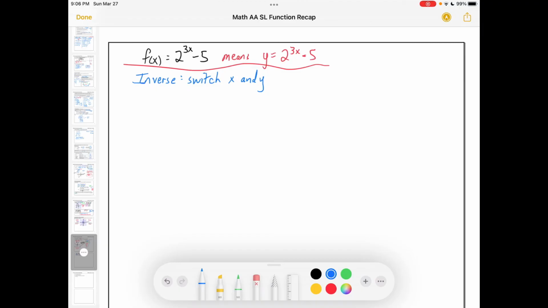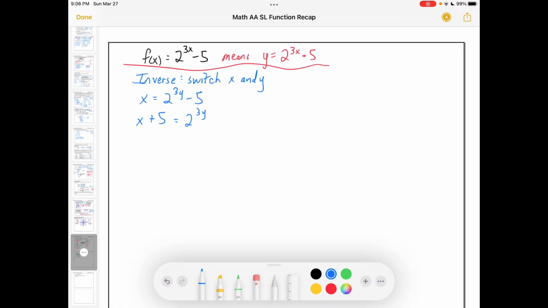So on the inverse, I'll say x equals 2 to the 3y minus 5. And now I have to isolate that y. So maybe I'll move the x over here, and I'll get x plus 5 equals 2 to the 3y. I know that the answer here is going to be a logarithmic function because exponentials and logarithmics are inverses of each other. But I have a bunch of different techniques that I can use to get there.